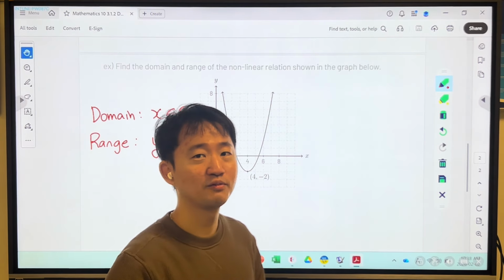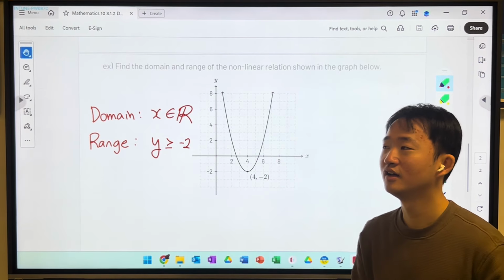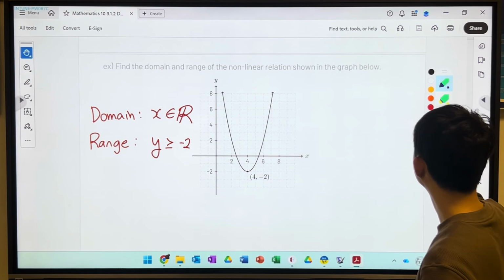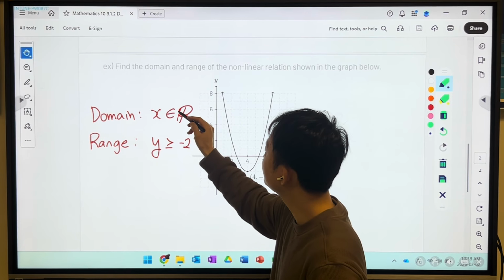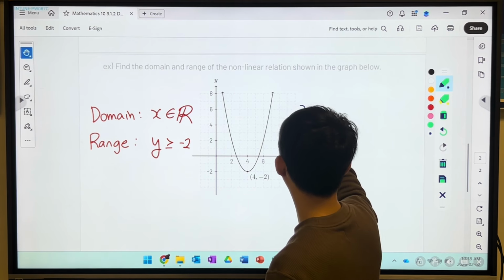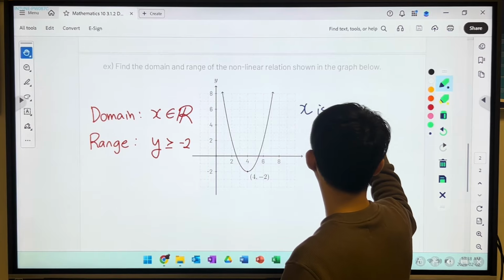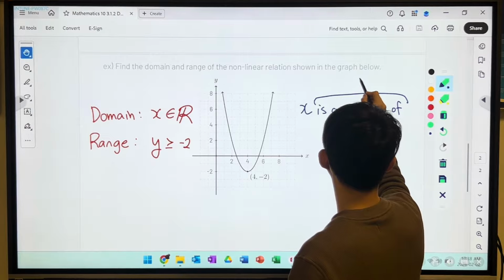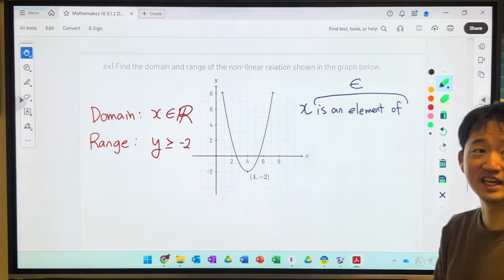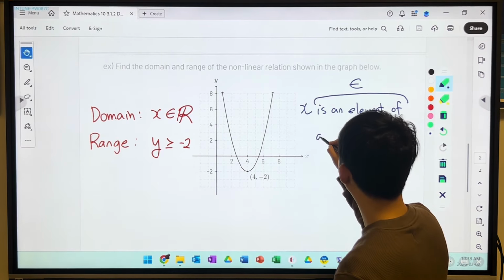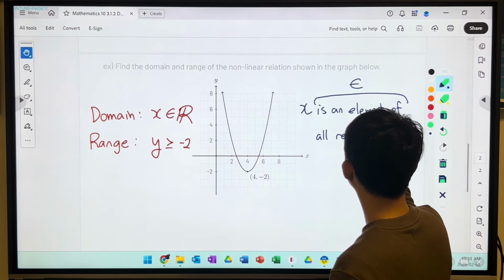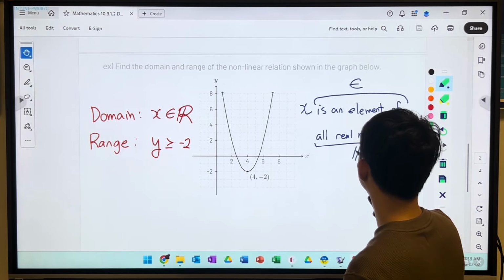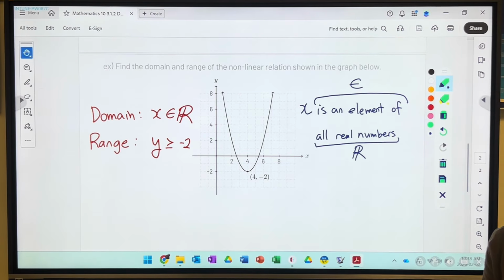So for domain and range, we're looking for the set of possible values of x and y, and we write them using these notations. Let's annotate them. x ∈ R: this symbol means 'is an element of'. It looks like an E. And the phrase 'all real numbers' is represented using this symbol, R with a line through it.